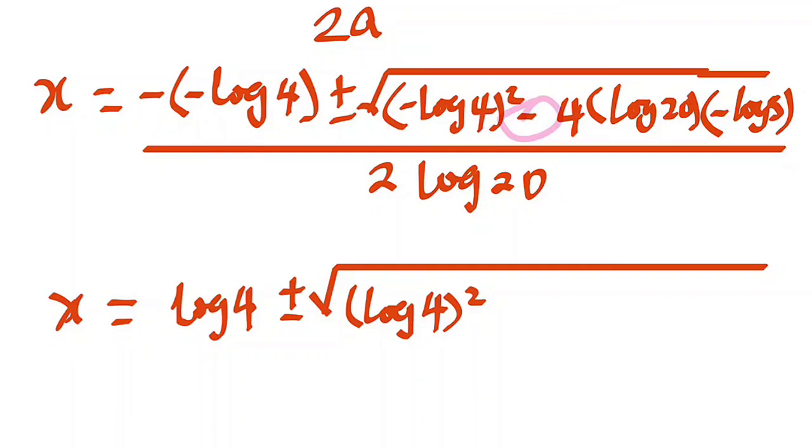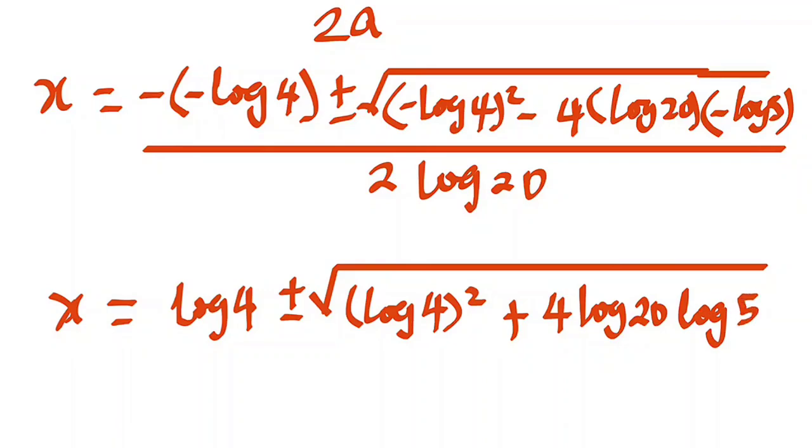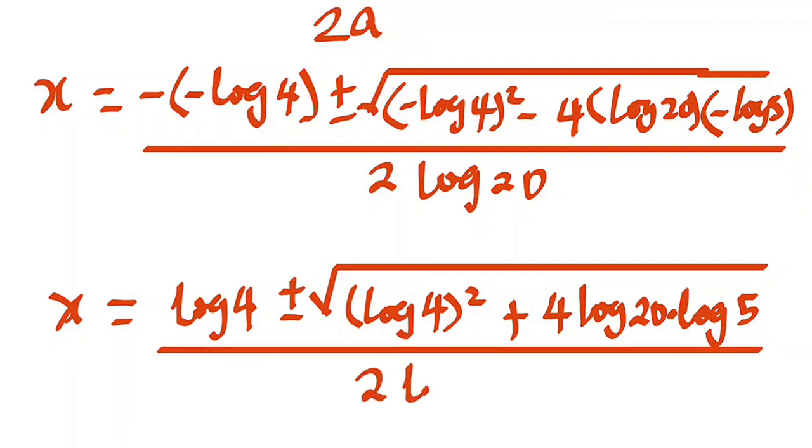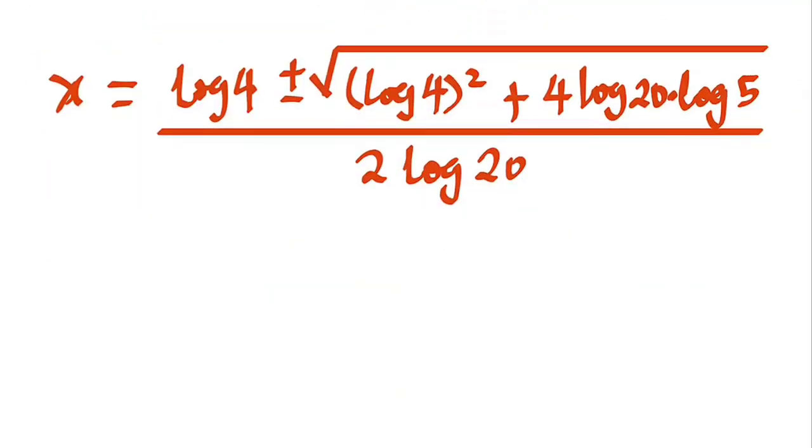So we're going to have plus 4 log 20 log 5, that is multiplication in between them. Are you following? Then divided by 2 log 20. So now we move on.